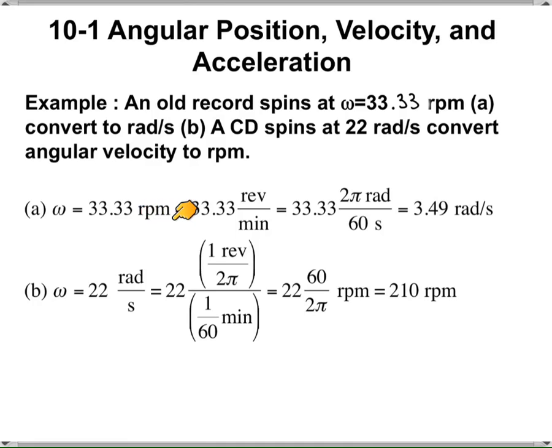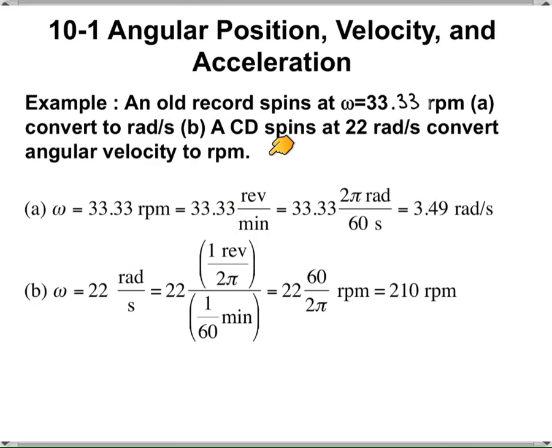33.33 RPM means 33.33 revolution per minute. One revolution, we know, is 2 pi radian, and 1 minute is 60 seconds. If you multiply this ratio by 33, you will get almost 3.5 radian per second. Now you do the reverse conversion.